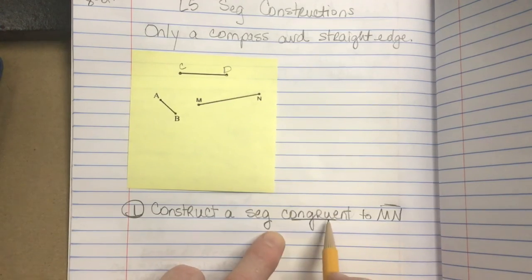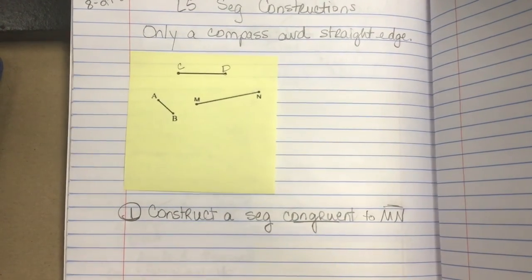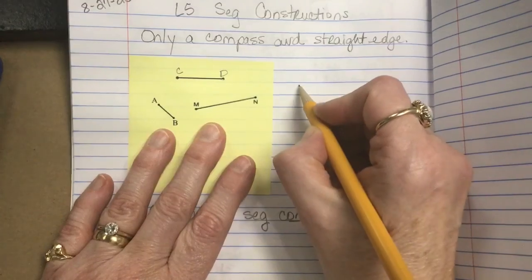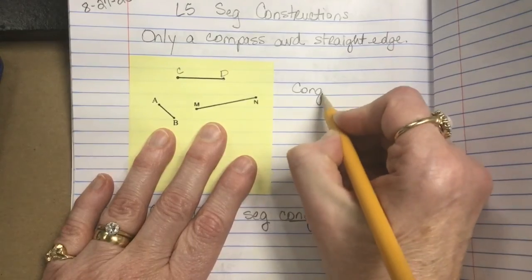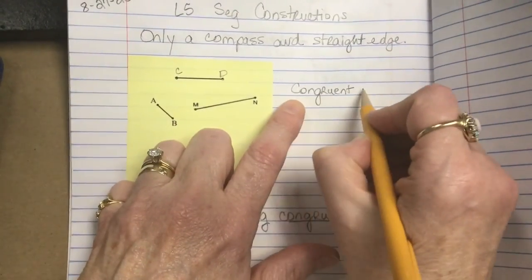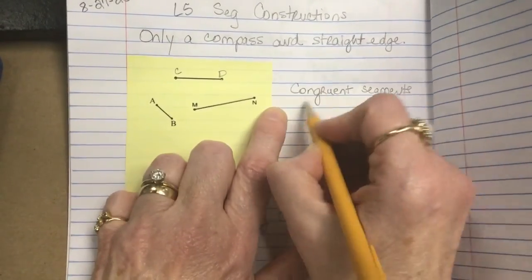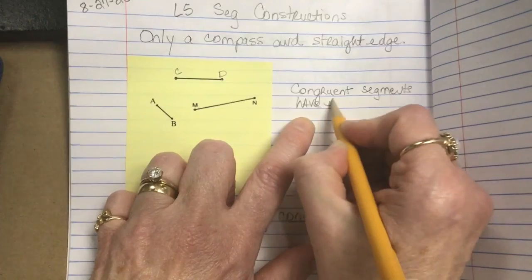Construction. Now, what do you think congruent means? In the context of the sentence, and you look at the picture, what do you think we're going to do? Congruent. If you need to move your Post-it over, you can move it over. Congruent segments have the same measure.